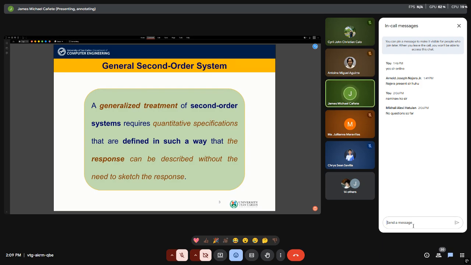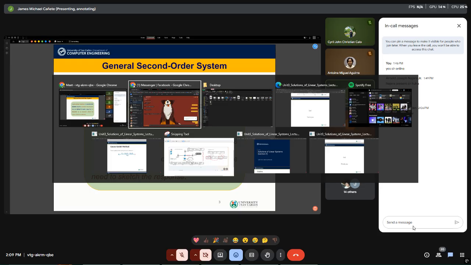There's an easy way, no? But we need to understand a few terms and concepts before we get to that general form, or an idealized treatment or analysis of second order systems.